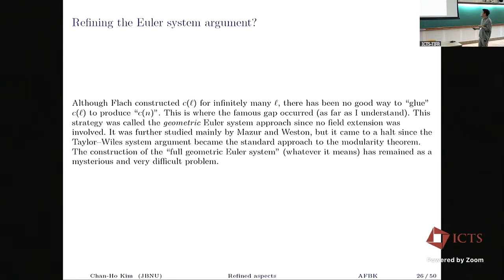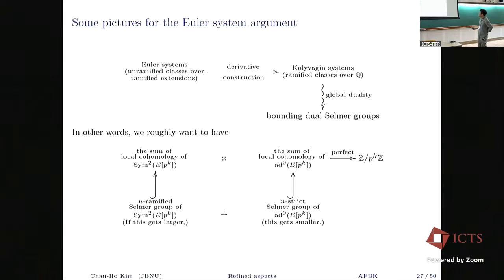Okay, so now I have a bunch of c_l, but I can't make c_n right now. What should we do? My guess is this is where the famous gap occurred. So this is the picture.